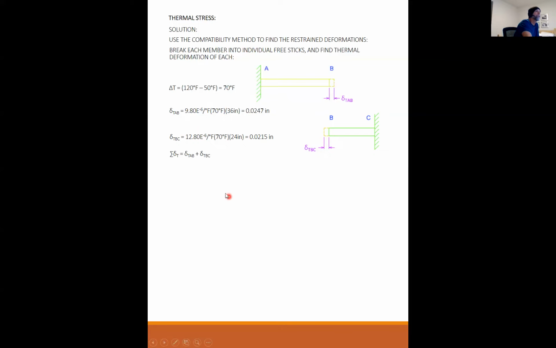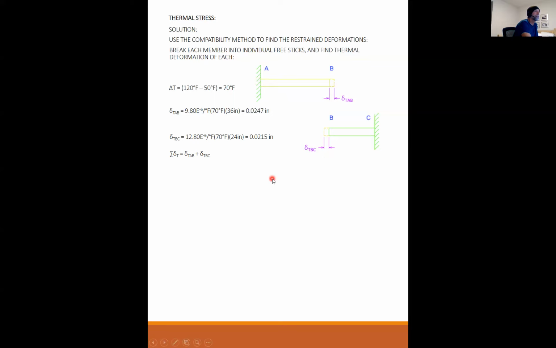Okay, so overall, the whole rod from A to B to C wants to expand. Makes sense? It's gaining temperature. The temperature went up, so the whole A to B to C rod would like to get longer. It'd like to expand, but it can't. It's wedged between these two walls.